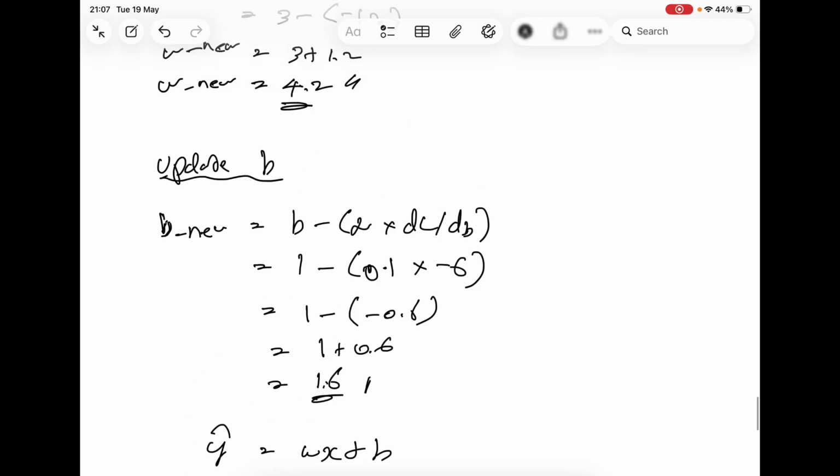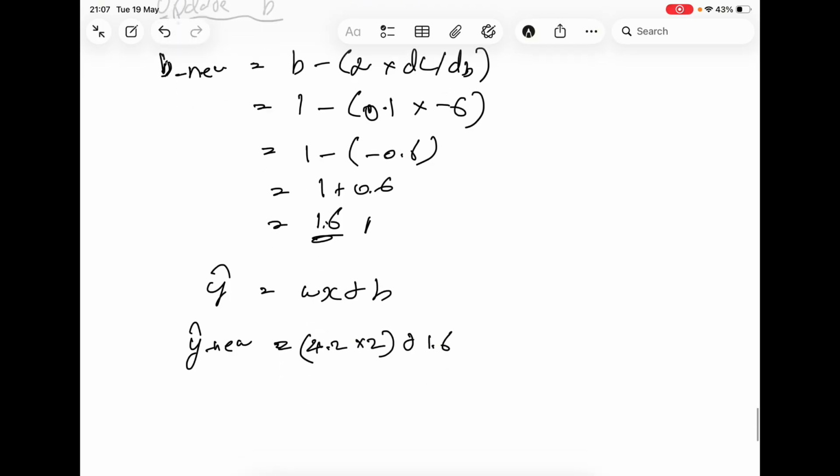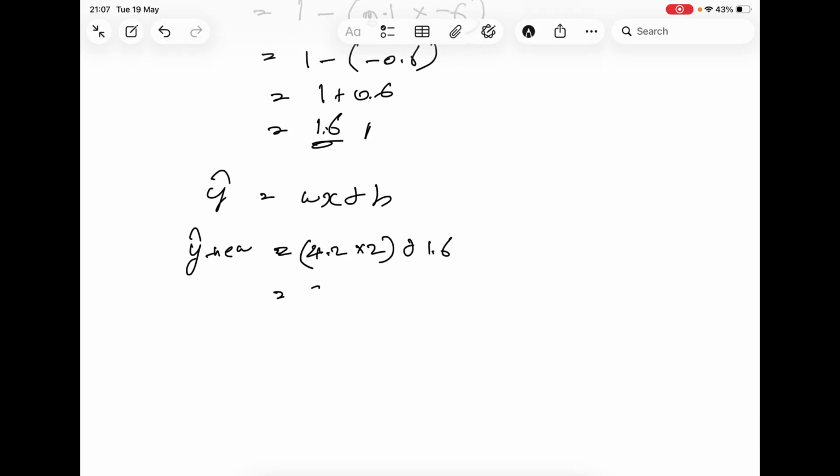Our new weight is 4.2 into x, which was 2, plus 1.6. 4.2 into 2 is 8.4, plus 1.6, 10. Wow. So you can see our predicted value became the real value.